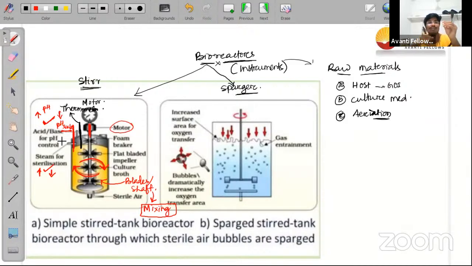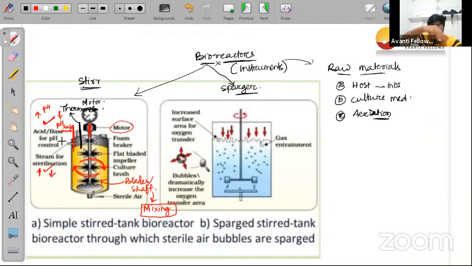In this way all the raw material will be given into the bioreactor. Inside the bioreactor, the motor will be turned on, and the blades and shafts rotate in a circular motion. Whenever this is rotating, it will help in aeration as well as mixing of the raw material.